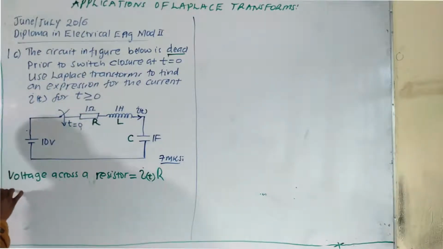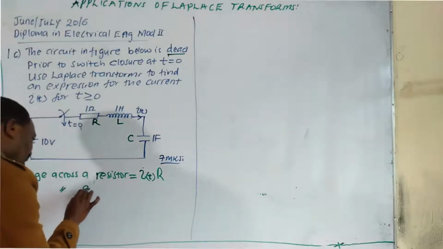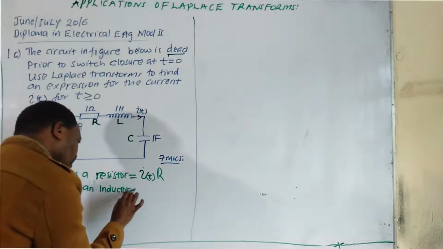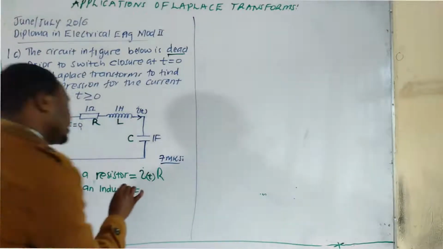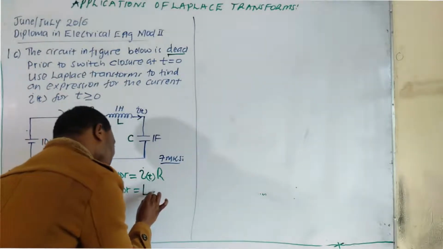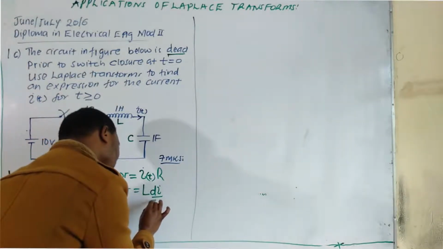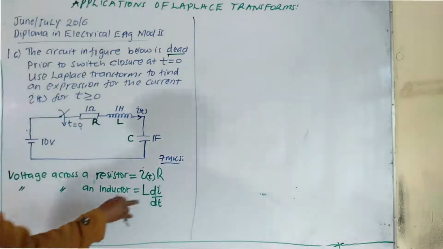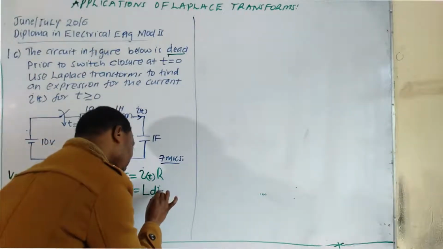The voltage across an inductor can be expressed as the inductance L times di/dt, the rate of change of current through the inductor. Of course, this current is a function of time.